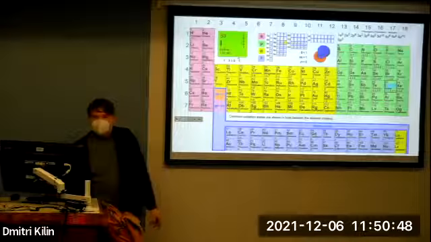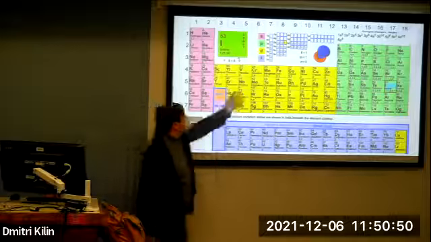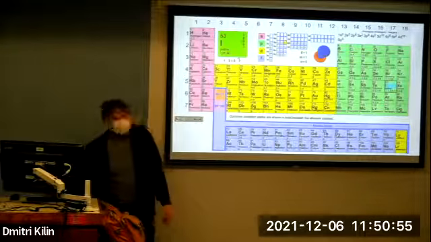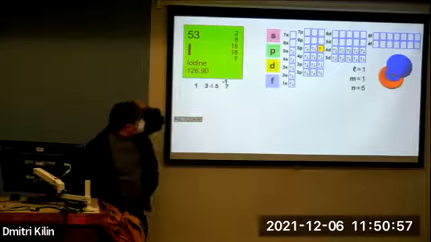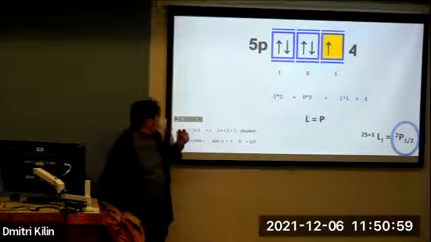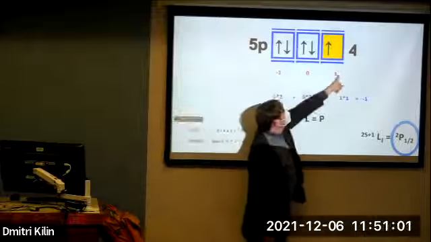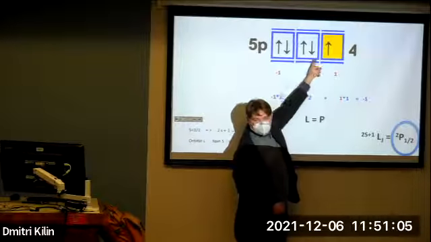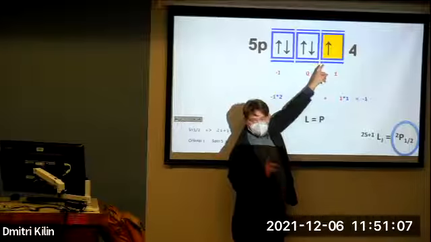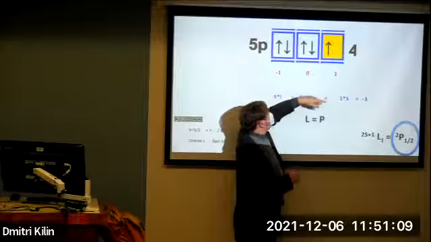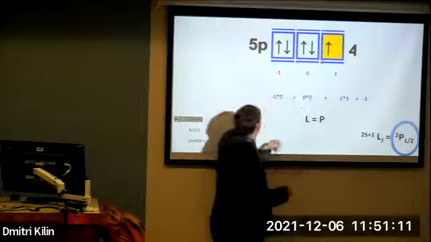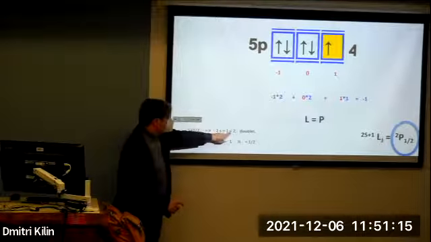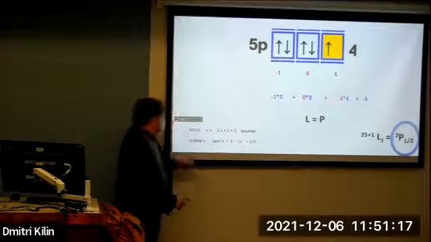If one looks at iodine with this Aufbau, with only one unpaired 5p electron, then its angular momentum will correspond to only this electron because the others are paired. So it will be just 1, right? And spin will be 1/2. For spin 1/2, multiplicity 2S plus 1 equals a doublet.